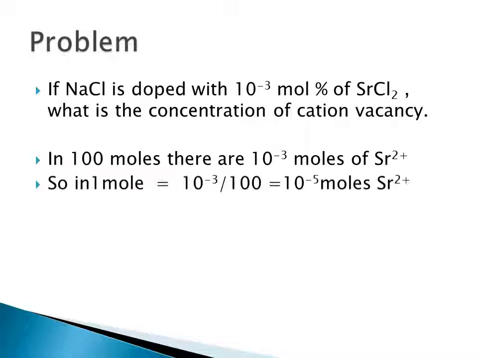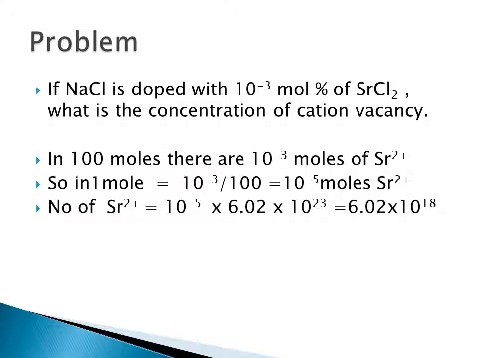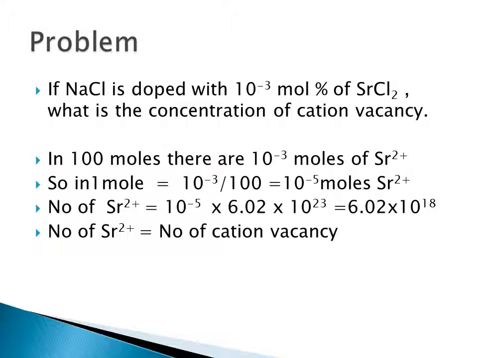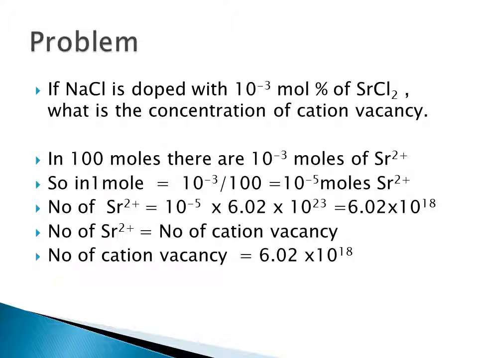So in 1 mole there will be 10⁻⁵ moles of Sr2+. Since the question is concentration, we will multiply moles with Avogadro number. Remember, the number of Sr2+ is equal to the number of cation vacancies. So, the number of cation vacancies is 6.02 into 10¹⁸.